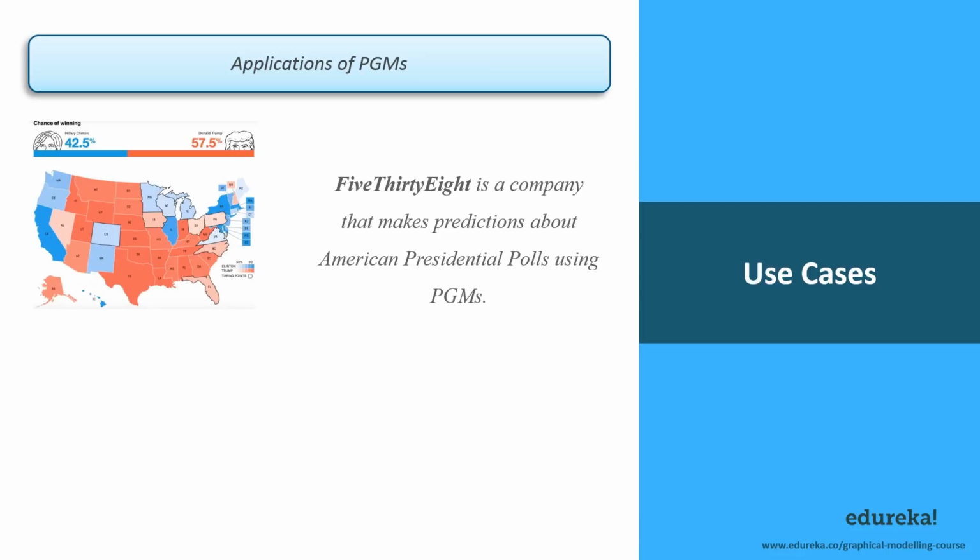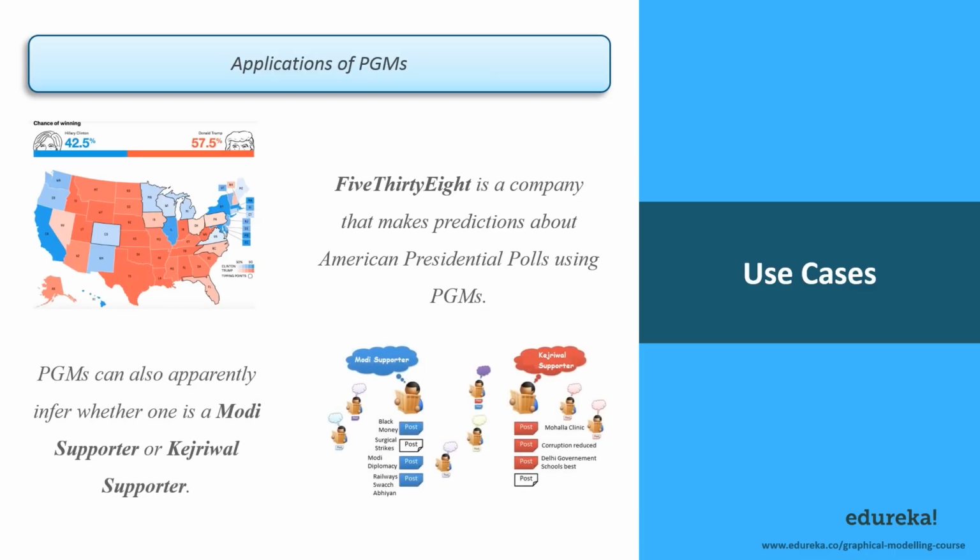Not only was it used to predict the winning chance percentages in the recent American elections, but also the constituency-specific predictions that differentiated the constituencies between strongholds and swing states. And if you're interested in the upcoming elections in India, PGMs can also apparently infer whether one is a Modi supporter or a Kejriwal supporter.